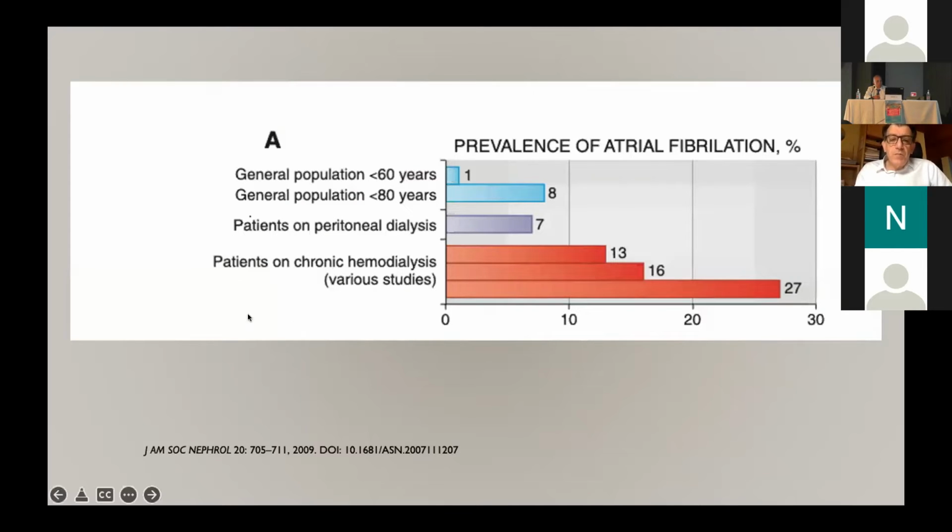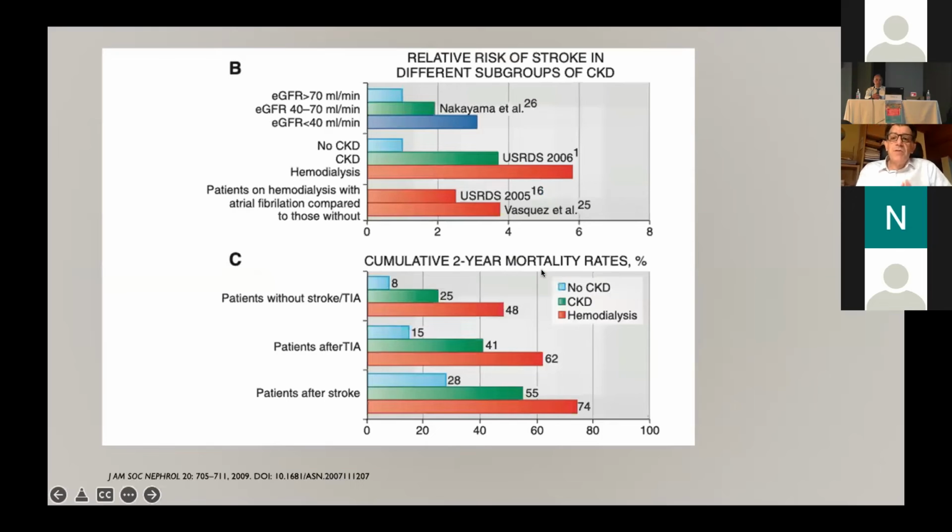The prevalence of atrial fibrillation in kidney disease compared with the general population is shown in the first two bars, but in kidney patients it is multiplied several times, and kidney disease carries a high relative risk for stroke, which you can see in different subgroups of these patients.